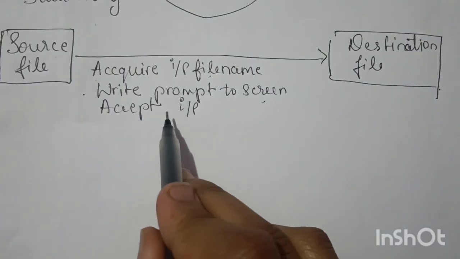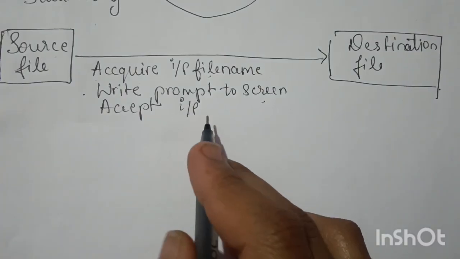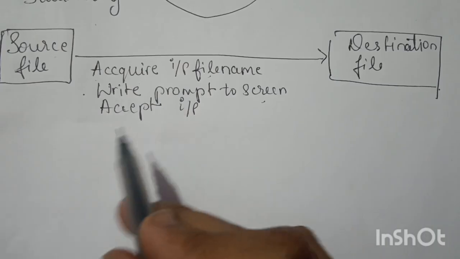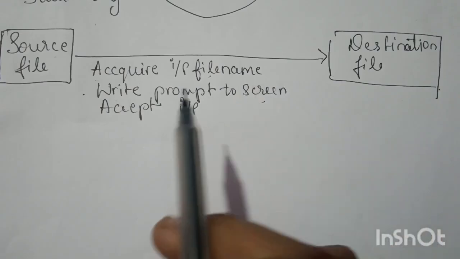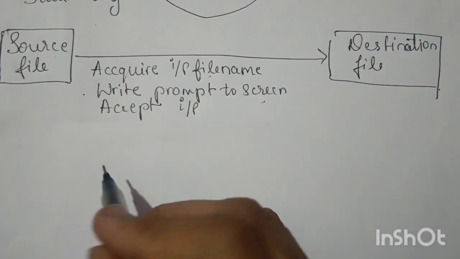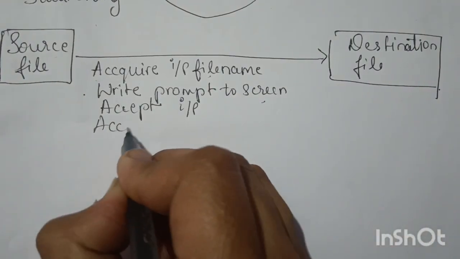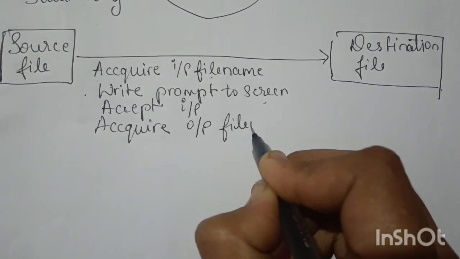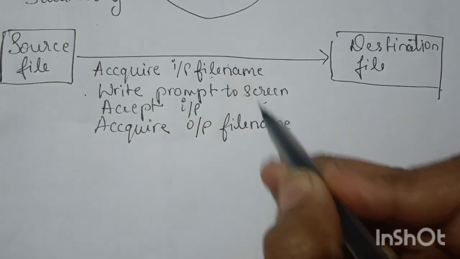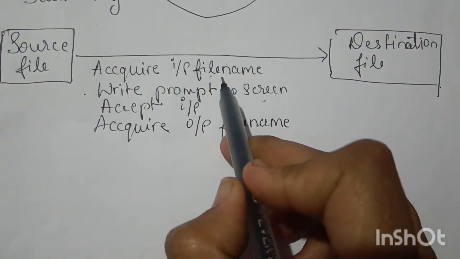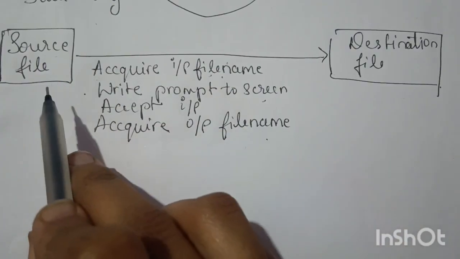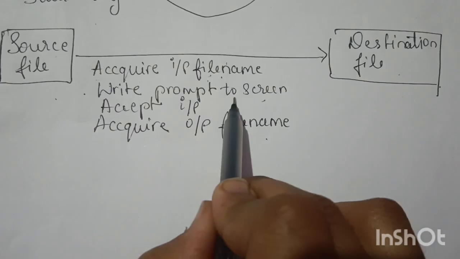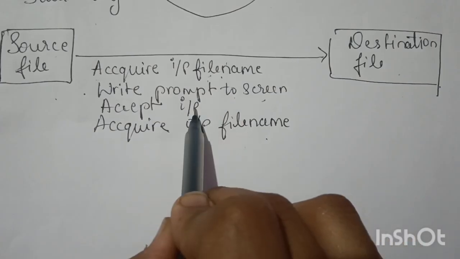IP is just a short form here, IP is input. Now once you have accepted the input file name, you should also know where to copy the content of this file. So you should acquire what? Now I should know the output file. You need to know the input file and the output file. First I need an input file, which will be displayed, and I write an input that it accepts.